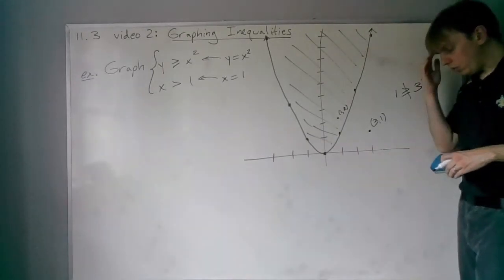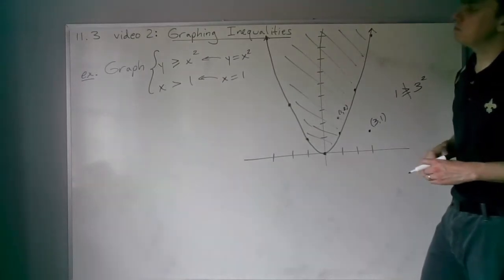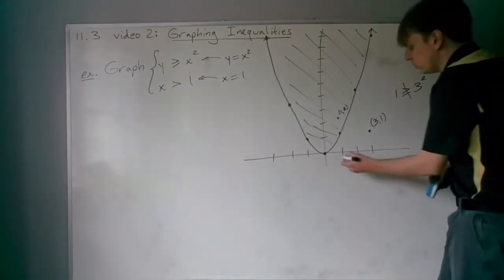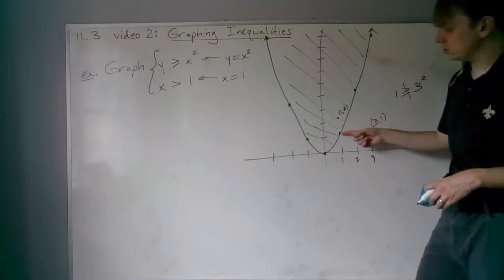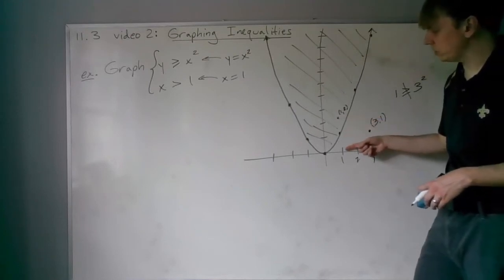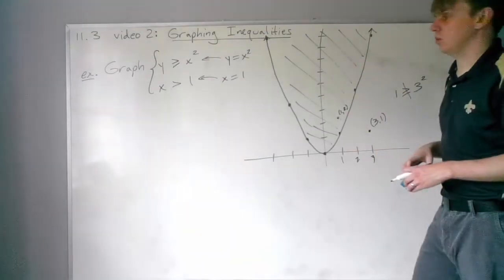So let's think about what the equation x equals 1 looks like. Points where x is equal to 1. Well, this is a point where x is 1. This is also a point where x is 1. This is also a point where x is 1. Actually, everything on a vertical line is going to have x equal to 1.